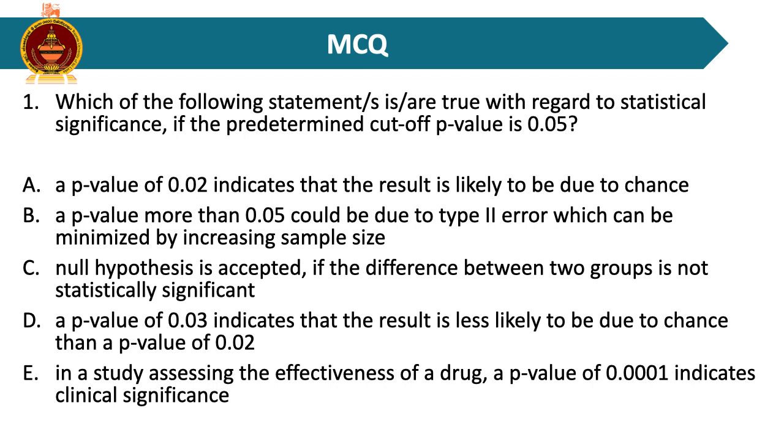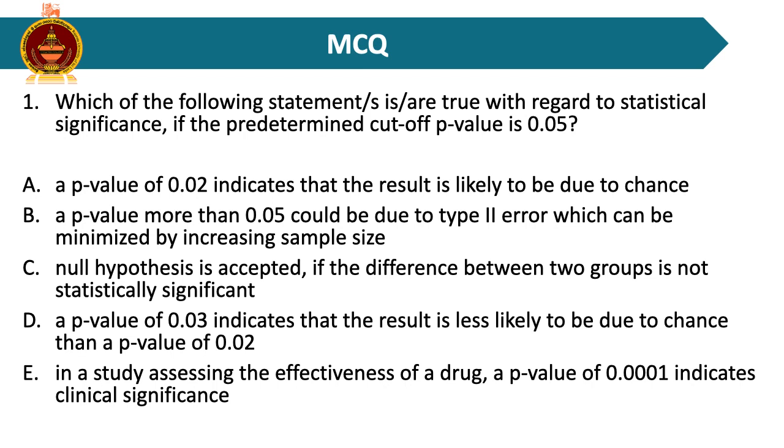Here 0.03 indicates that there's a 3% probability of this occurring by chance. 0.02 means there's a 2% chance of this occurring by chance or sampling error. Because of that, 0.02 is less likely to be due to chance, or more significant. Because of that, the stem is false.